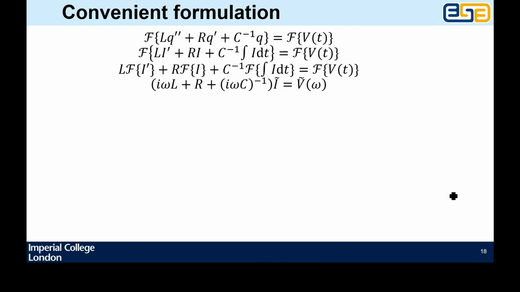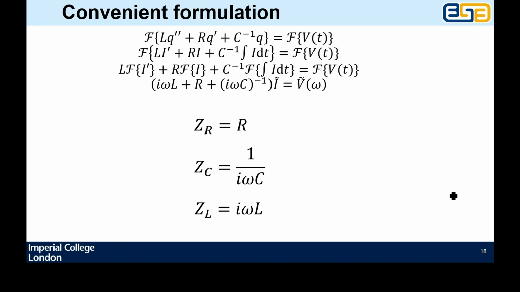So I can put them all added together, so I can have I omega L plus R plus 1 over I omega C. All of that multiplied by I tilde equals V tilde. Once I've got V tilde and I tilde, well, I just need to rearrange it so that it's just V tilde over I tilde. And that is what the impedance is. Z equals V tilde over I tilde.